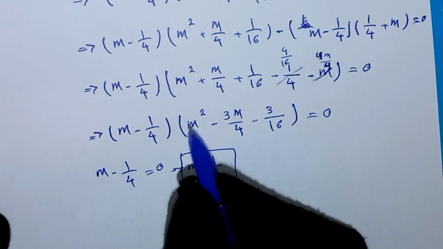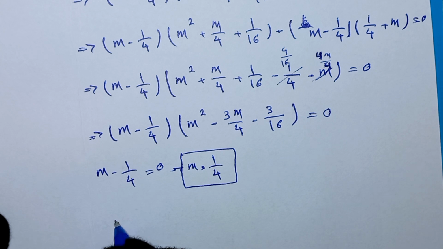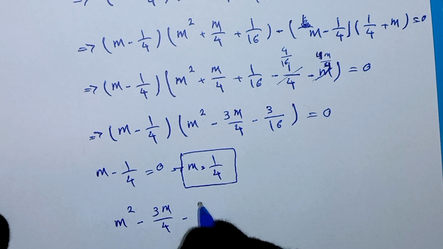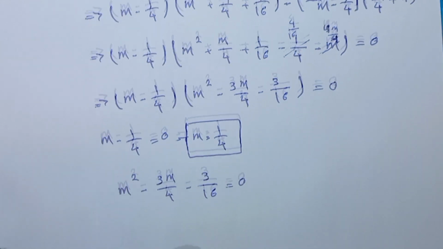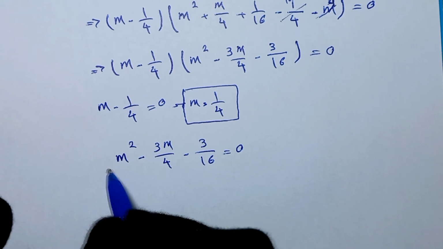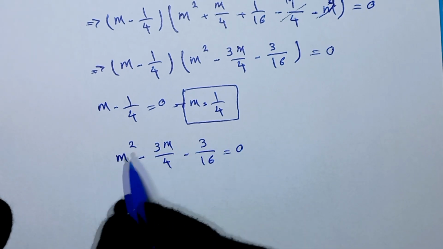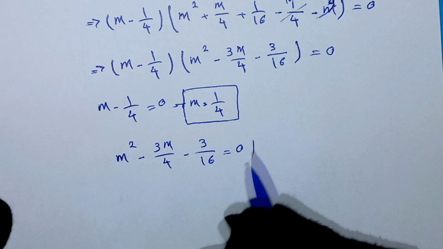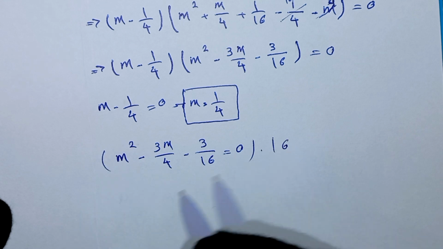And this equal to 0. So we write m square minus 3m over 4 minus 3 over 16 is equal to 0. In the next step, we multiply both sides of this equation by 16. So we multiply by 16.